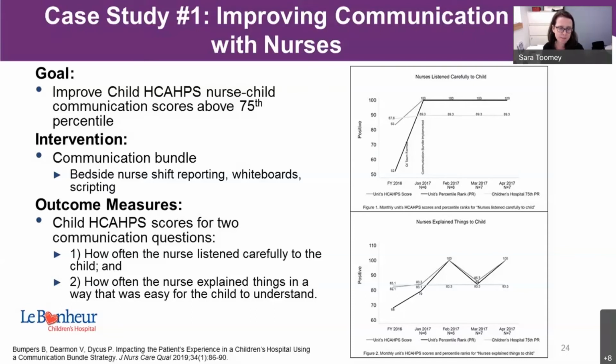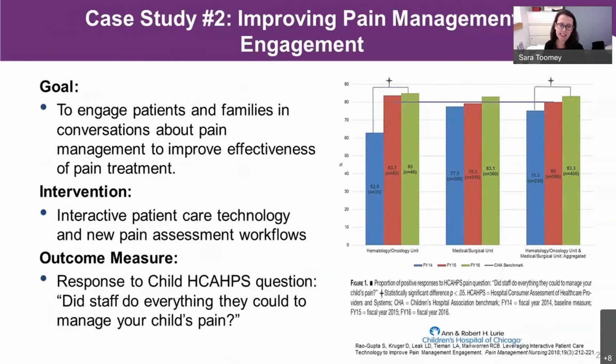Next slide, please. In the second case study on improving pain management, here again, the goal was to try to engage patients and families in communications and conversations about pain management to improve the effectiveness of pain treatment. The intervention involved patient care technology and also new pain assessment workflows.